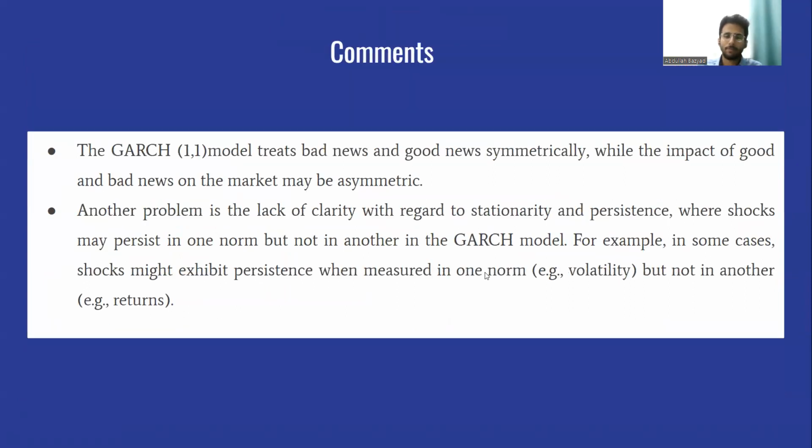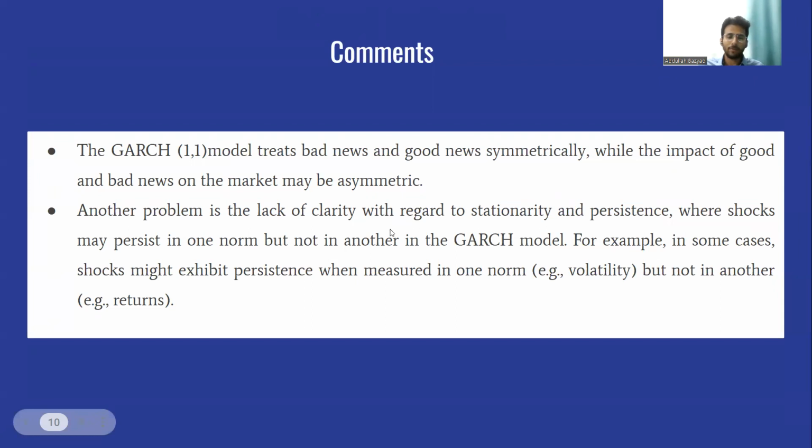In our comments about the GARCH, the drawbacks or shortcomings of the GARCH model. The first one is that it treats bad news and good news symmetrically, while the impact of good and bad news on the market may be asymmetric, and this can be fixed by using an EGARCH model, which can capture the asymmetric effects.